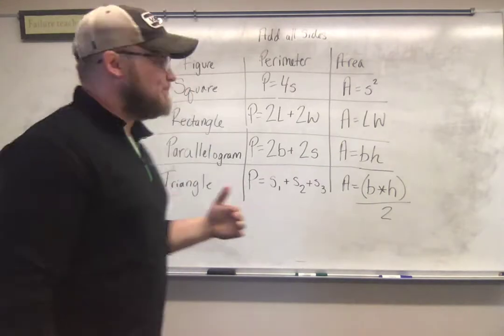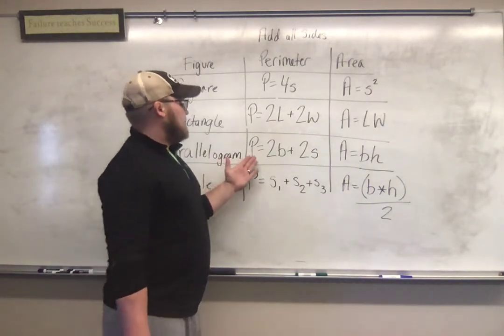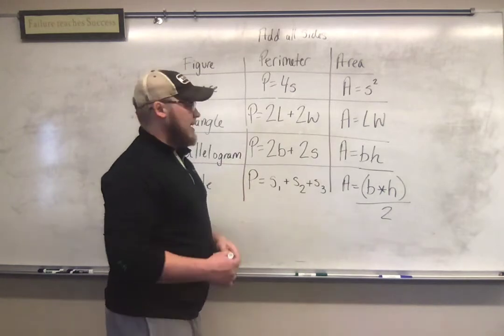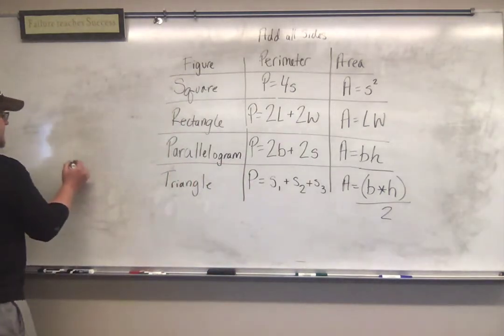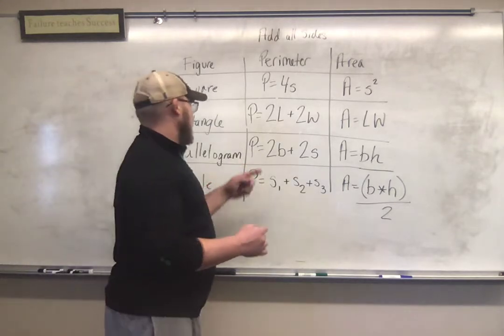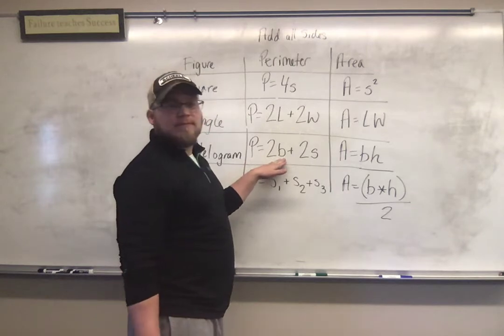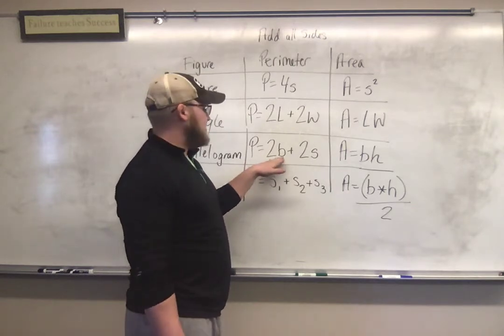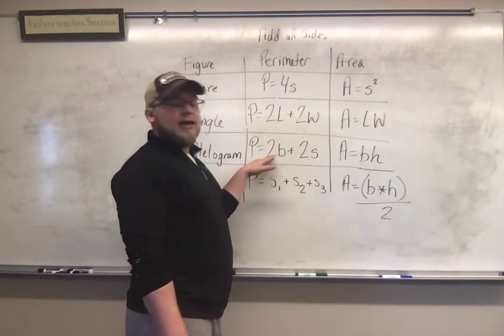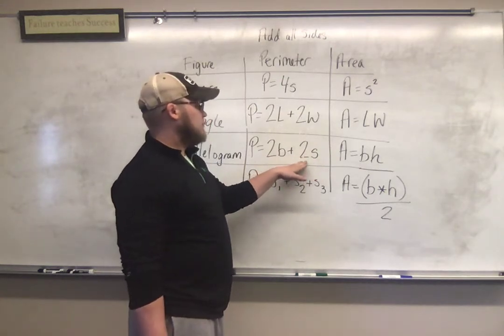That's what those mean. The parallelogram is the same thing, but with slightly different labels. What you're going to do here is 2 times the base. Whatever the base is, you times it by 2. And then whatever the sides are, you times those by 2.